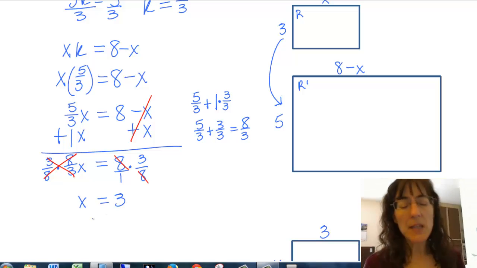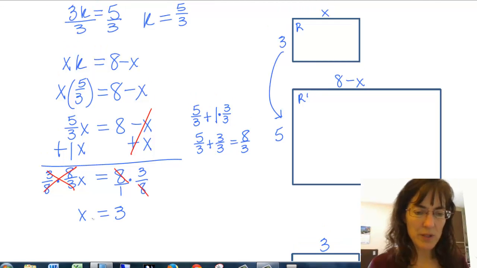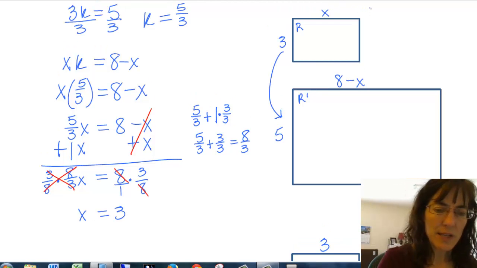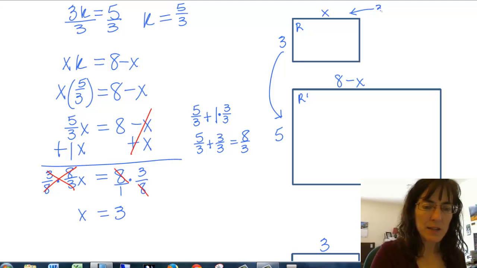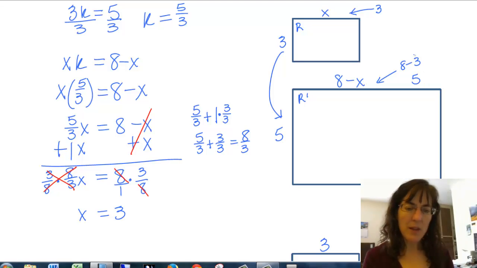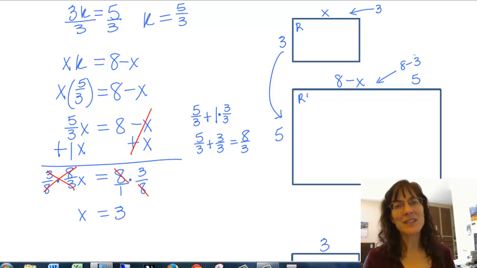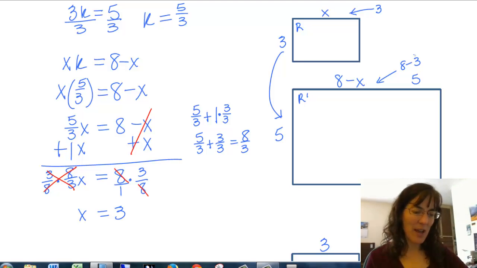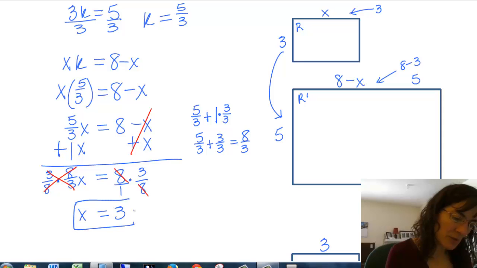So that's telling me that if I put a 3 in everywhere I see x, that would mean this side is a 3, and this side is an 8 minus 3, or 5, then I can see that they are indeed similar because they are squares. So I can see that that answer is a possible solution.